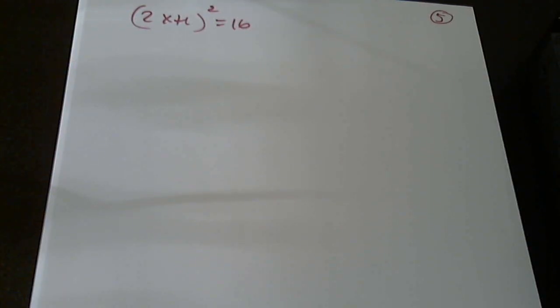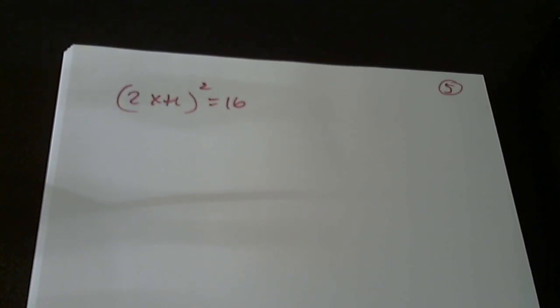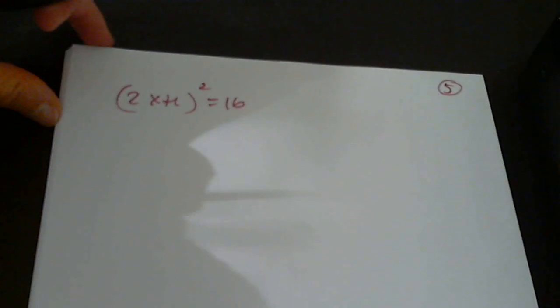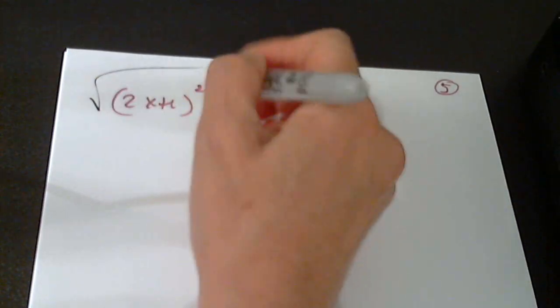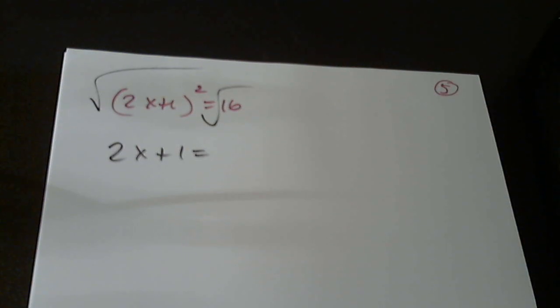Can anyone tell us what to do? It's already set up. We know exactly which method we need to apply. What is it? The square root. Good. So the left-hand side is this. What about the right-hand side?